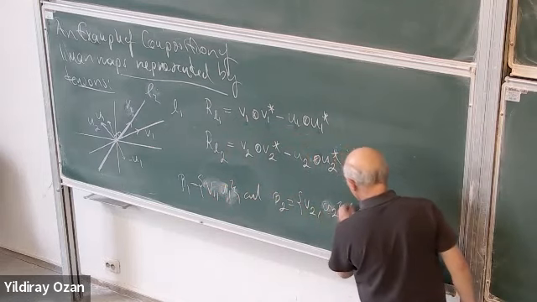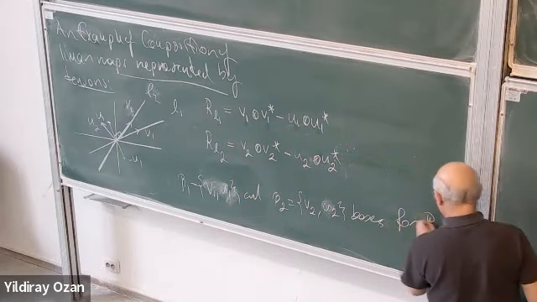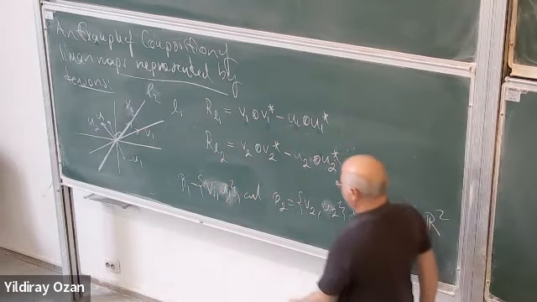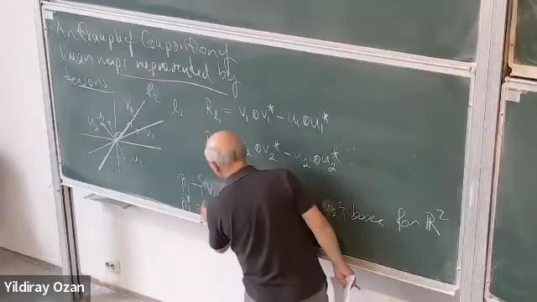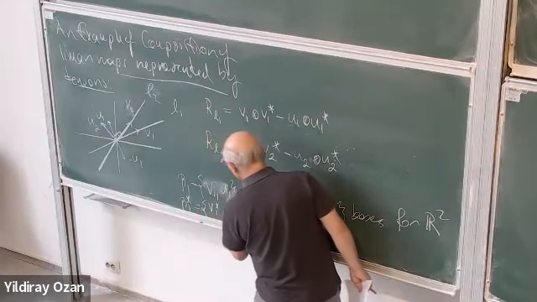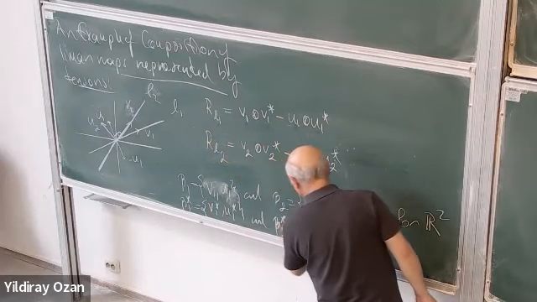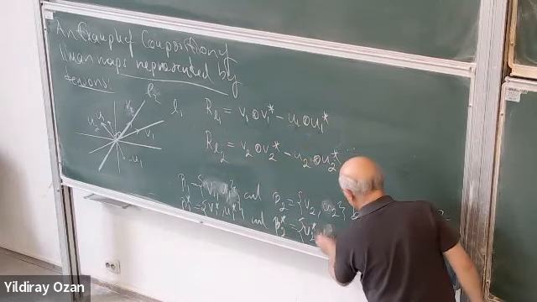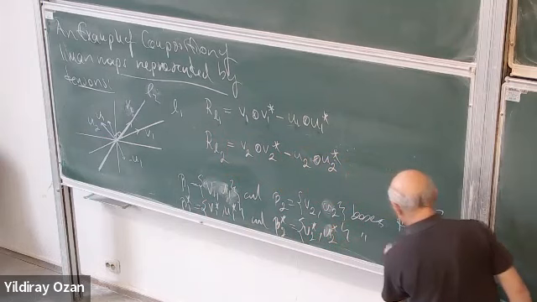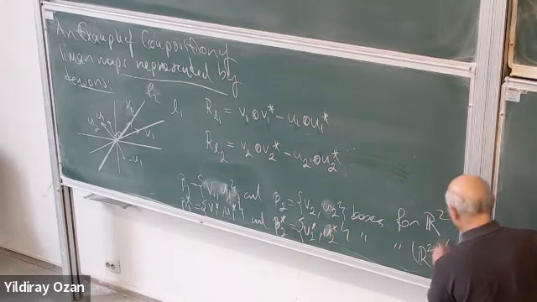These are bases for R2, and I am also using the dual bases, V1 star and V2 star, bases for the dual of R2, R2 star.